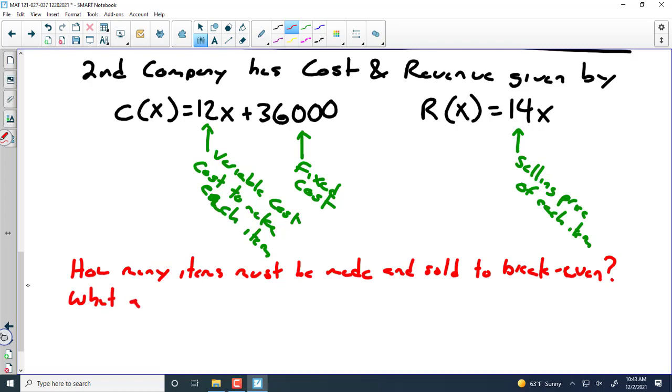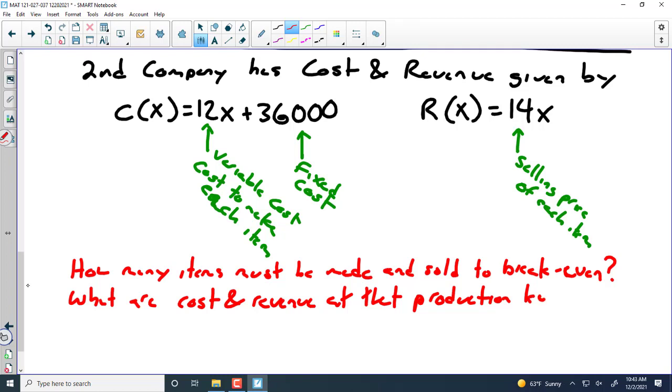And what are cost and revenue at that production level? Everyone answer those two questions. How many items must be made and sold to break even? And what are the costs and revenue at that production level? Write down your answers.